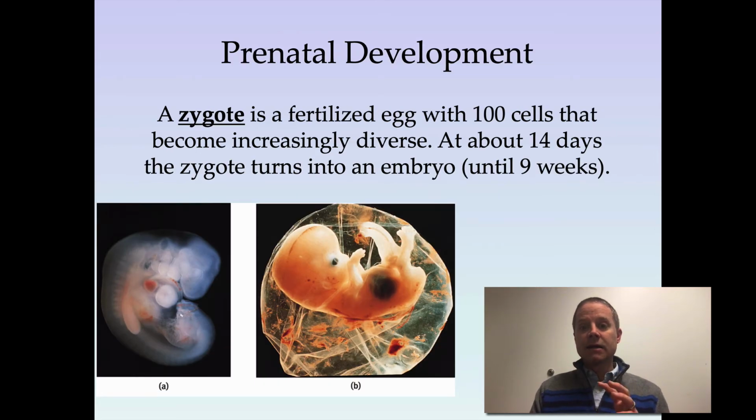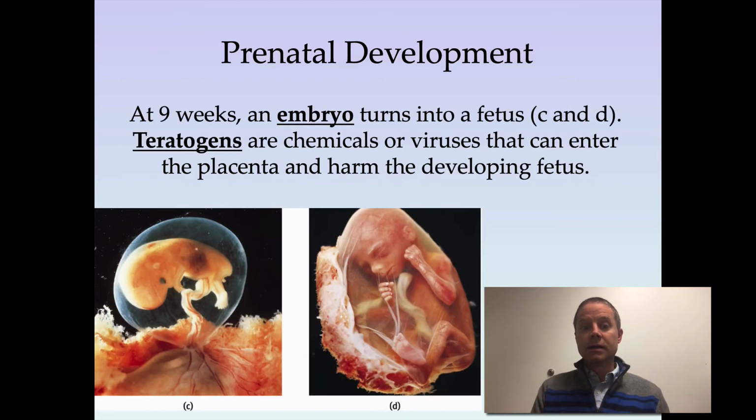Then you have a zygote, which is days 0 to 14. You have about 100 cells that are diversifying in their function. And then from 14 days to 9 weeks, in other words, 2 weeks to 9 weeks, you have what's called an embryo. And at the end of 9 weeks, it becomes a fetus. So from 9 weeks to 9 months, it's a fetus.